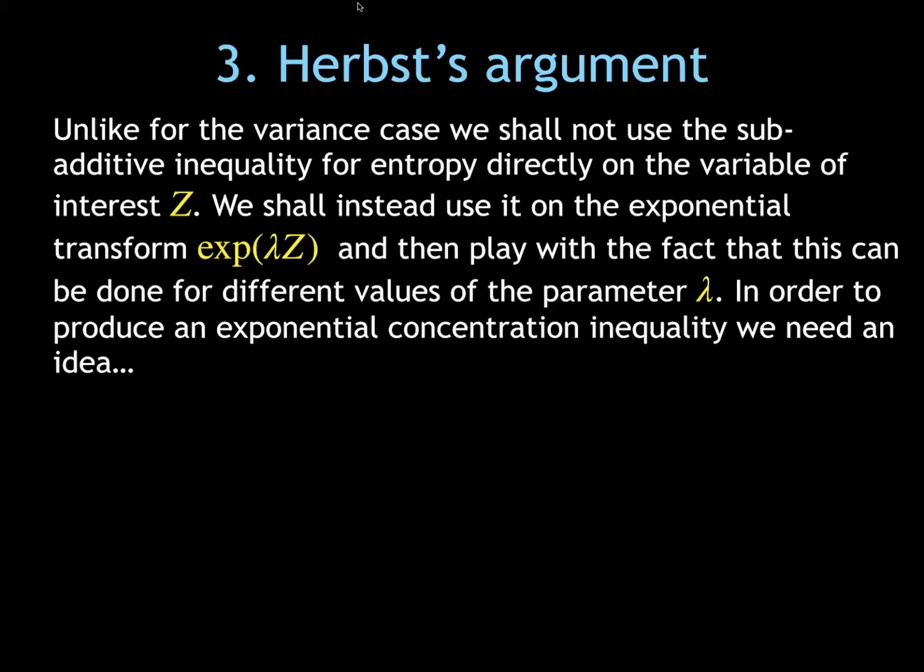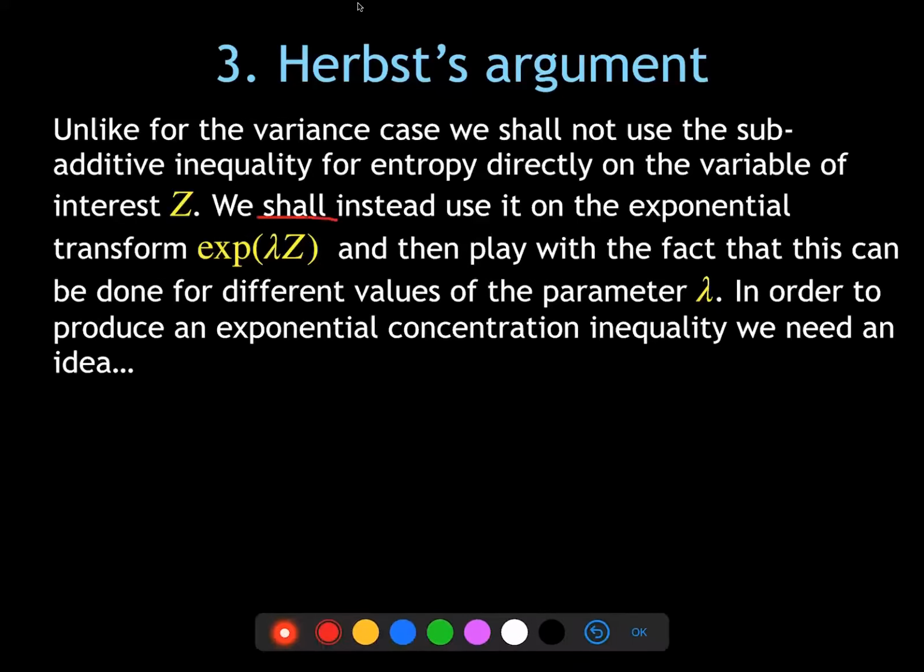Of course, we shall not use it on the variable itself. It does not make sense. The variable is not necessarily non-negative, so we shall use it on this exponential transform. But now the issue is how to encode the sub-Gaussianity on the entropy of this exponential of lambda z quantity. So we need an idea.